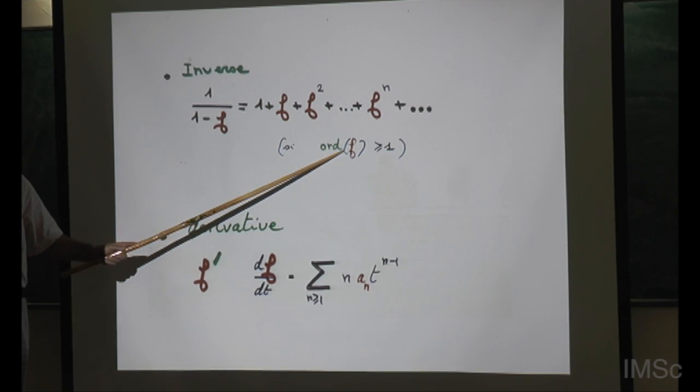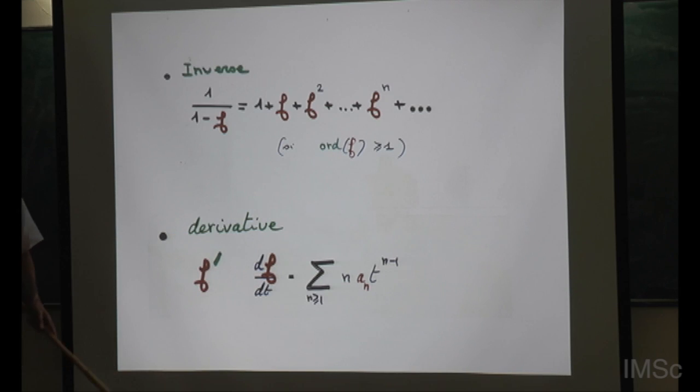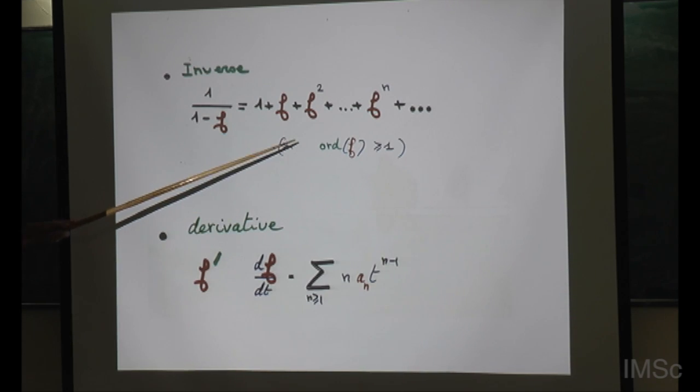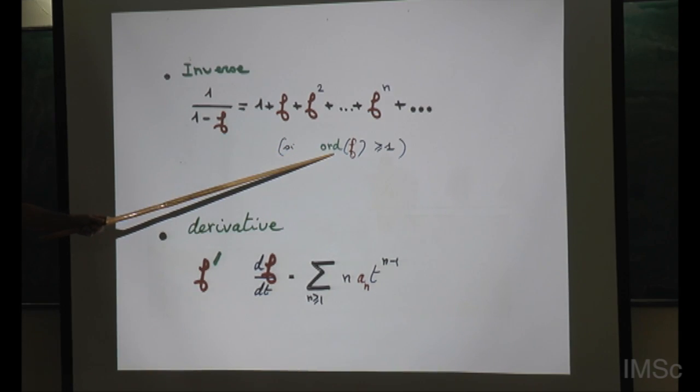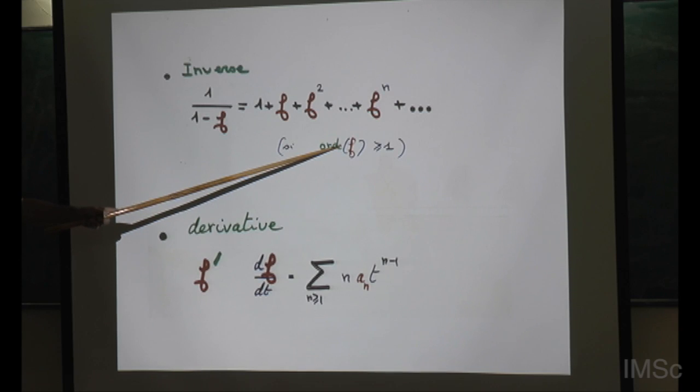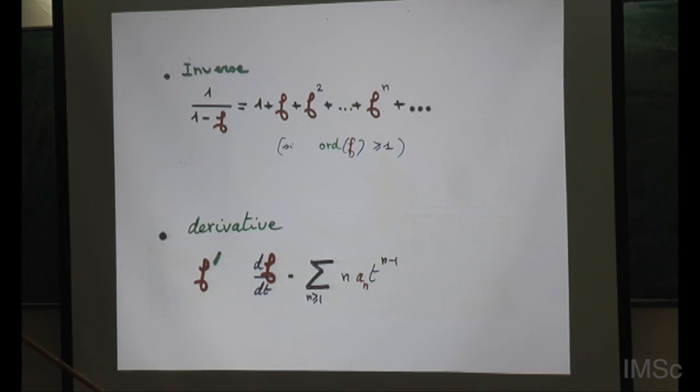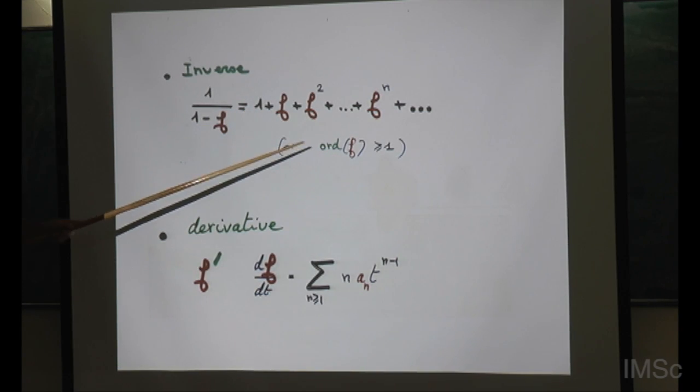The order of a power series is the minimum degree of a non-zero term. So this power series begins with at least power t. The constant term is 0, and I can define this as the inverse of a formal power series.